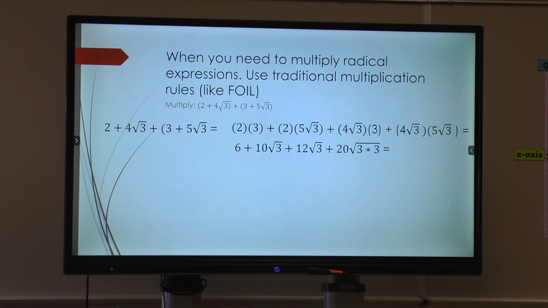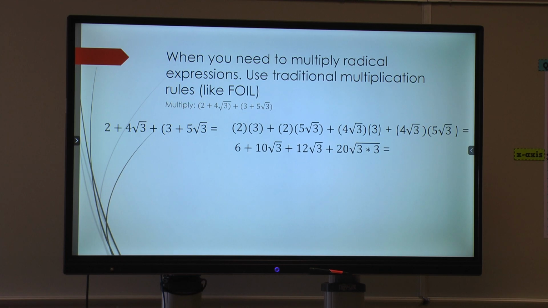Once we start to do that, we say 2 times 3 is what? Now, with 2 times 5 radical 3, am I going to multiply just the 2 and the 5, or the 2 and the 5 and the 2 and the 3?